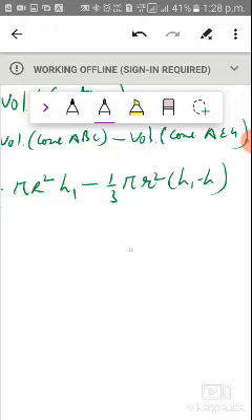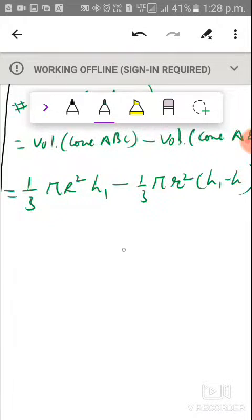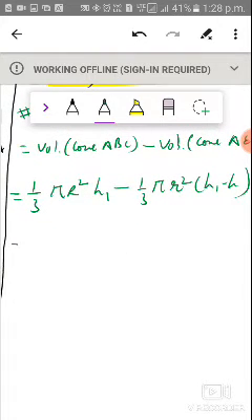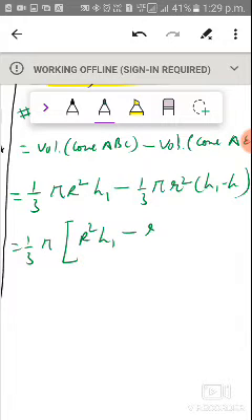Now I can take 1 upon 3 pi common. So I can write R² h1 minus r² (h1 minus h).